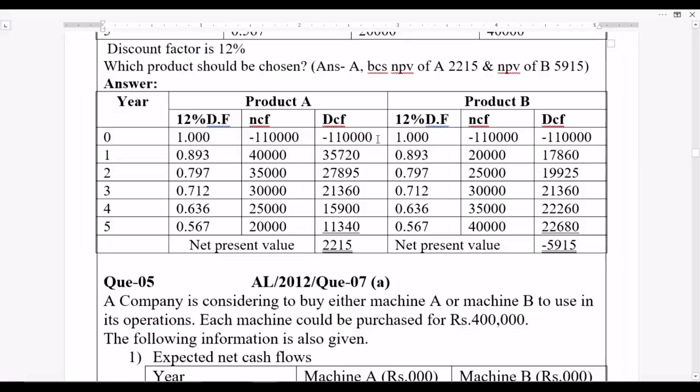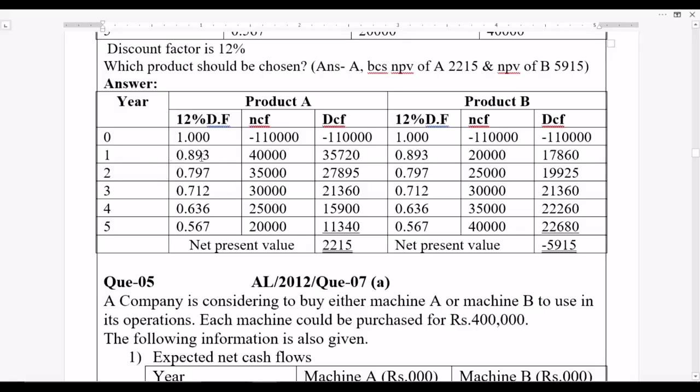That is at 12%. Yes, 12% discount factor. In the case of product B also, we have to purchase machinery worth 110,000. So the cash outflow is 110,000. Right.